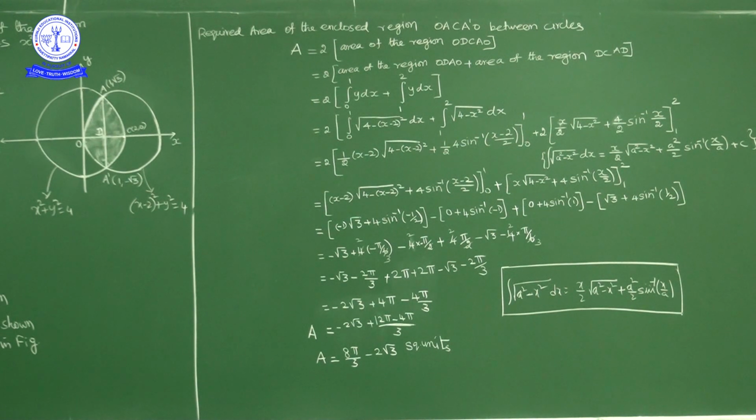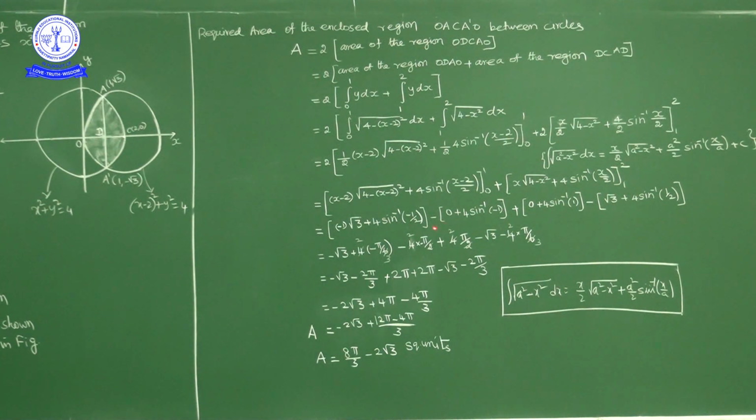In inverse trigonometric functions we have sin inverse of minus x is equal to minus sin inverse x. So sin inverse of minus 1 by 2 is minus of sin inverse of 1 by 2, that is minus of pi by 6. So 4 into minus pi by 6, 2 gets cancelled, so minus 2 pi by 3, so minus root 3 minus 2 pi by 3.